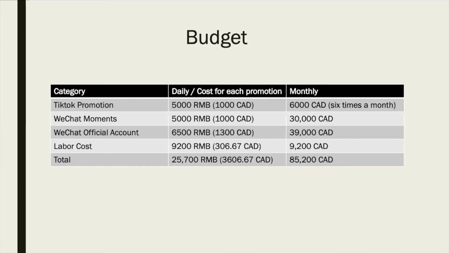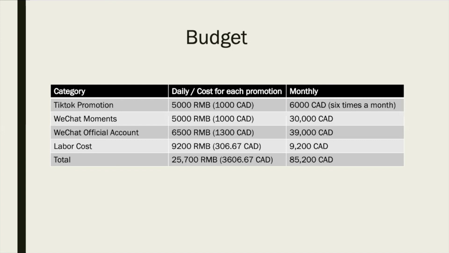TikTok promotion works like you set a goal on TikTok, and let's say we are aiming at gaining 100,000 views each time we post our ad, and roughly for 100,000 views, it costs 5,000 RMB. That's roughly 1,000 Canadian dollars.